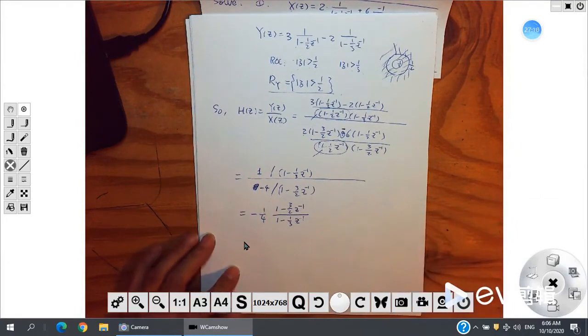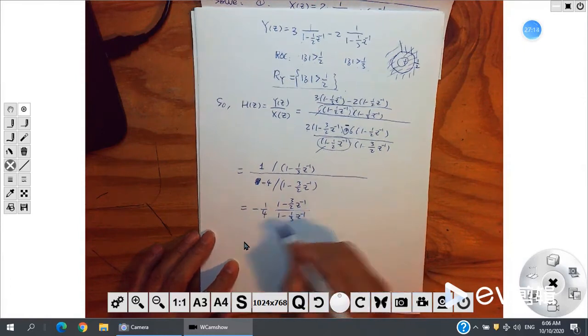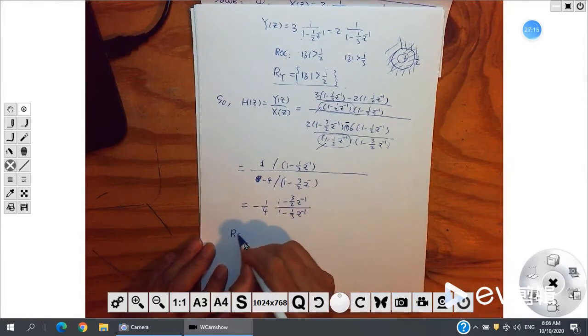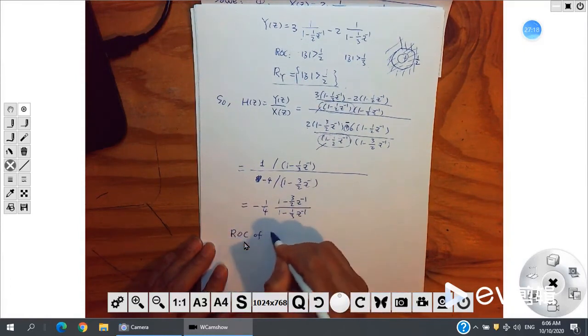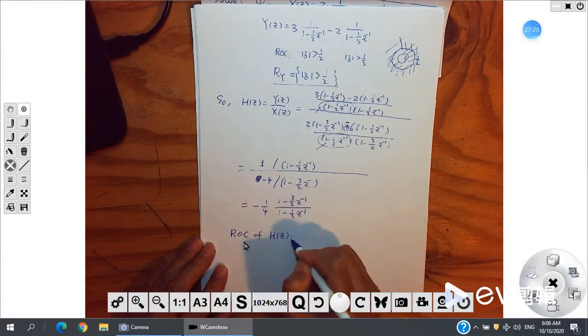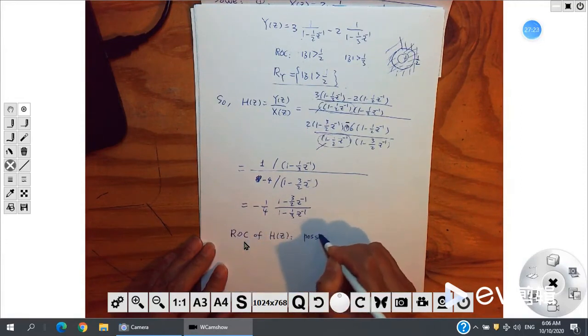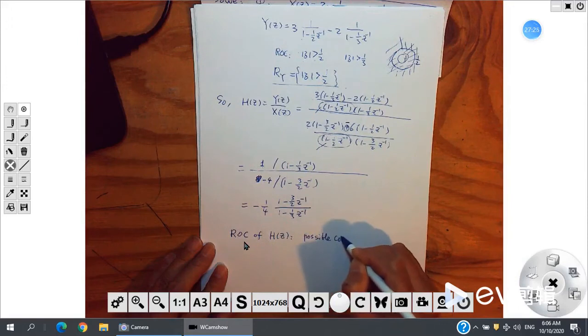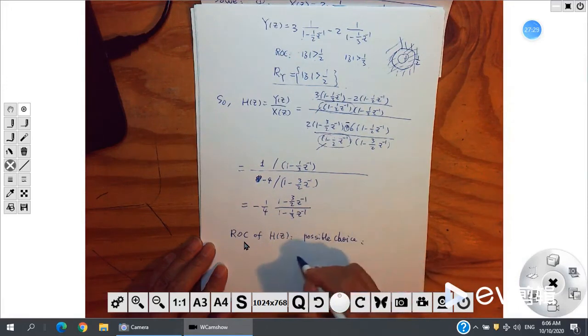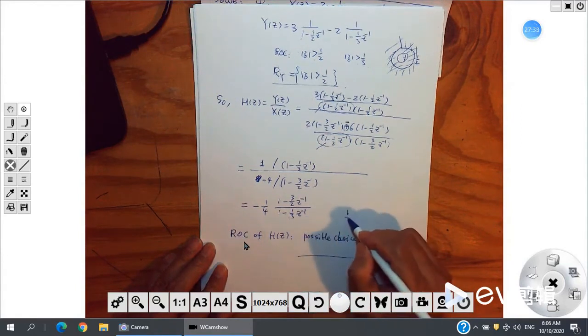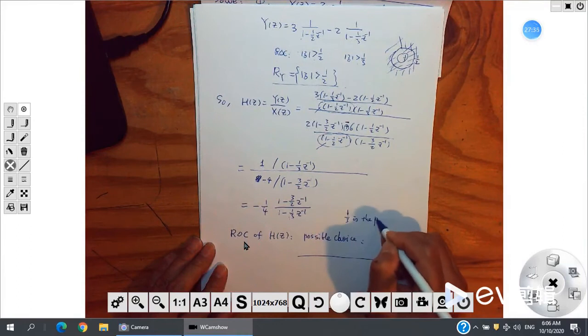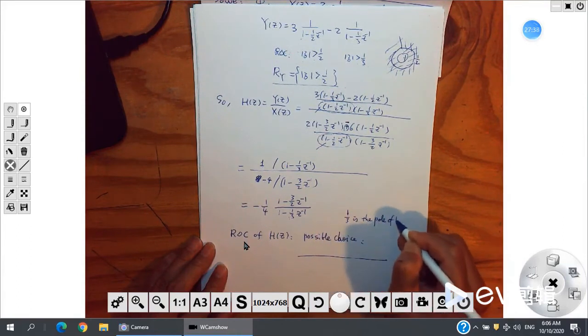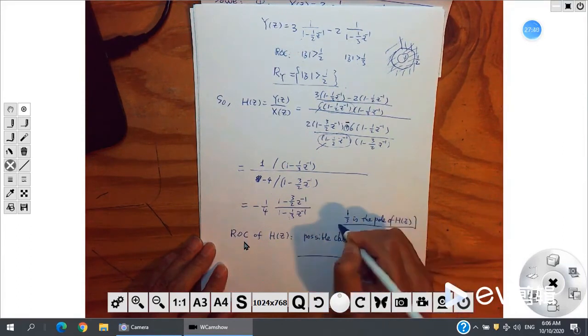But what is the ROC of H? You check it here. The ROC of H of z, possible choices. You see here, you have 1/3 as the pole of H of z, right?